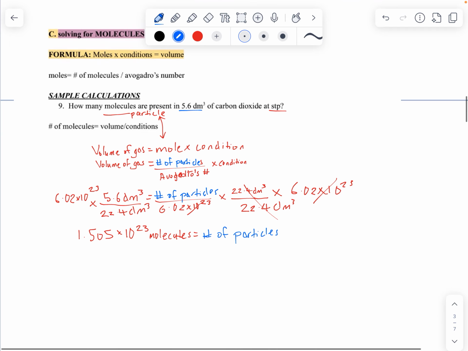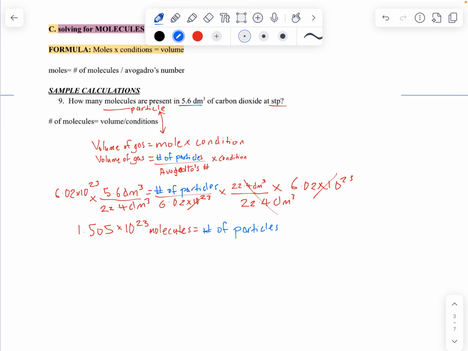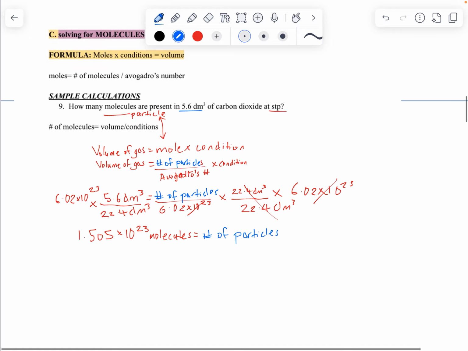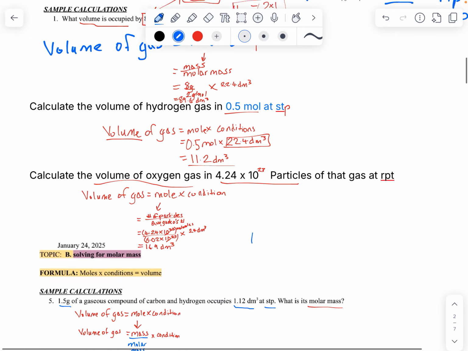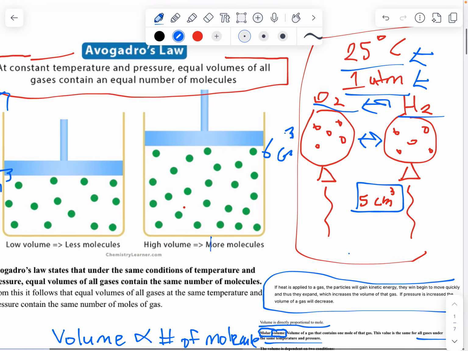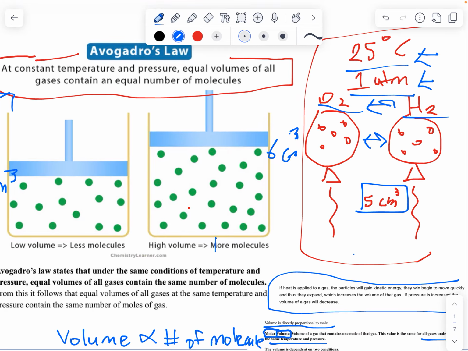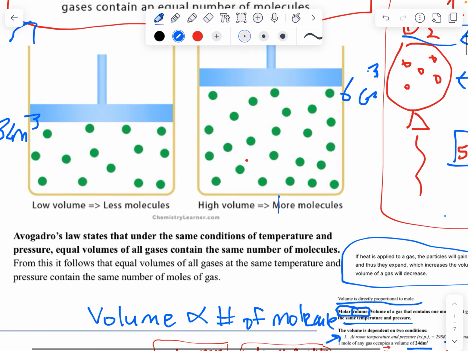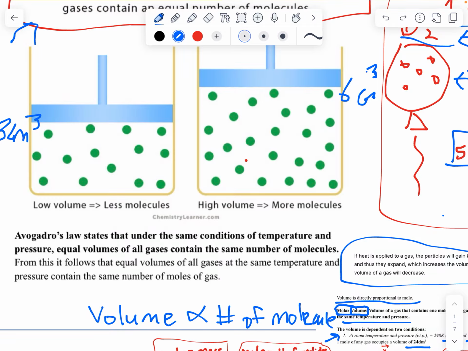Nice. Now I hope this gave a little insight in solving for molar volume. Just to recap, remember that Avogadro's law states that under the same conditions of temperature and pressure, equal volumes of gases will have an equal number of molecules.